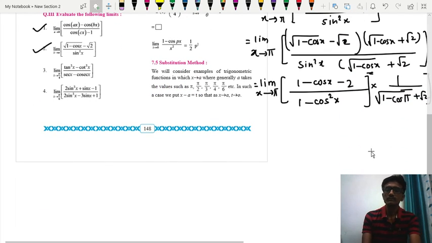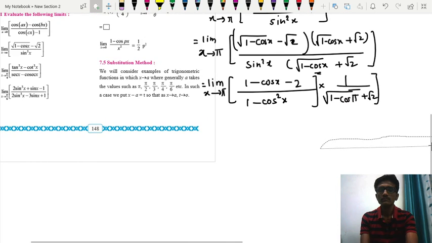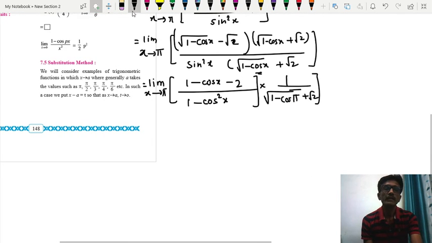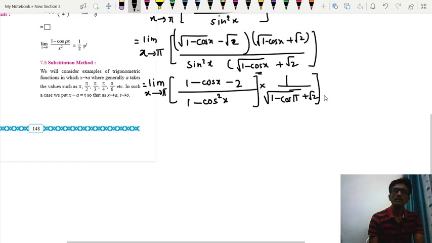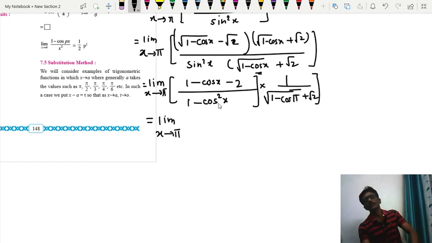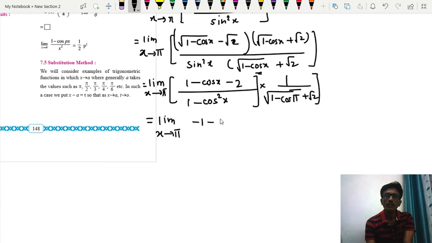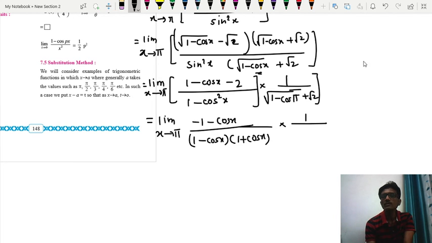So we'll be getting here limit x tends to pi, minus of 1 minus cos x upon, this is 1 minus cos x and 1 plus cos x, into 1 upon root of 1 minus cos of pi plus root 2.